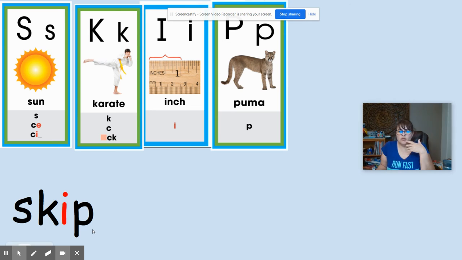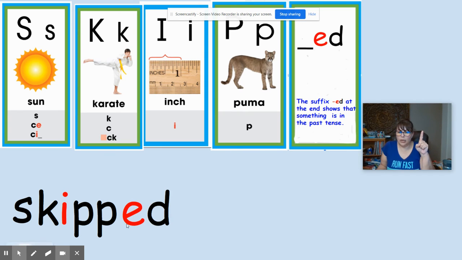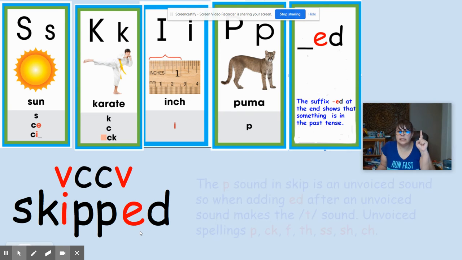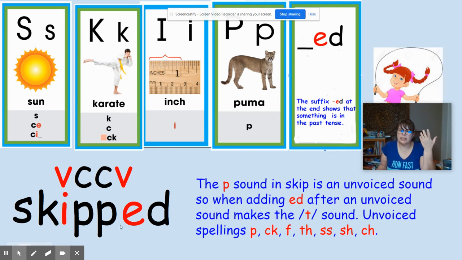So it's unvoiced. We still have to follow the pattern because it is one syllable. It has a short vowel and it ends with one consonant. We double the consonant before we add ed. But now I know that the ed is going to make the t sound because it's unvoiced. So we say skipped, skipped.